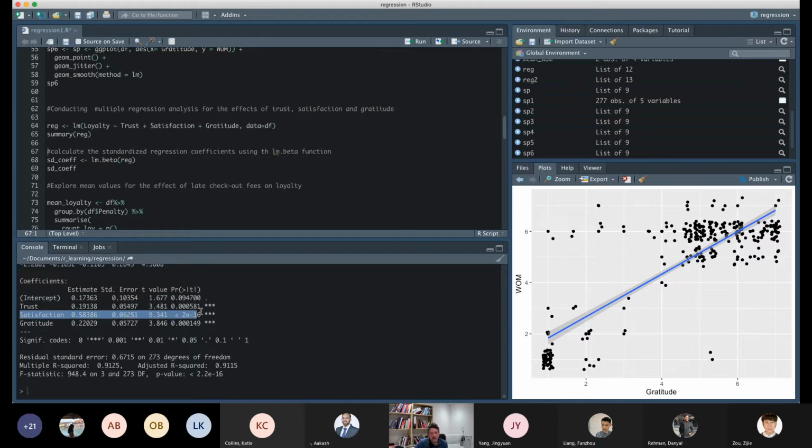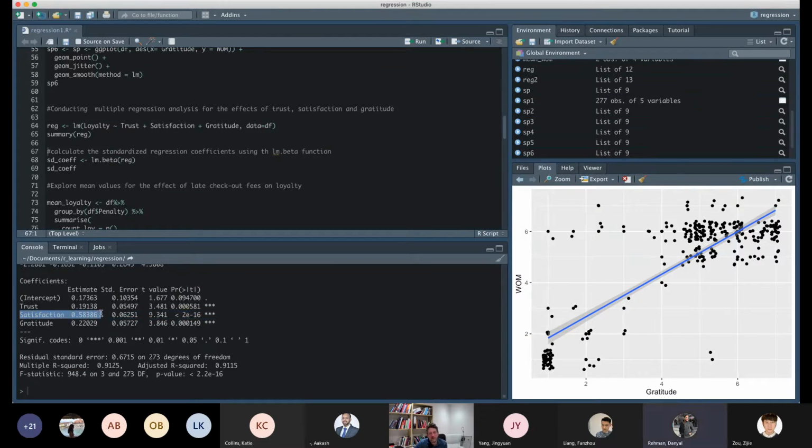What about satisfaction? It's the same, but it's 0.58 now. Yeah, exactly. It has a significant, positive effect, but it seems to have a stronger effect.